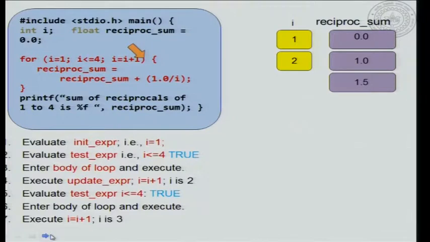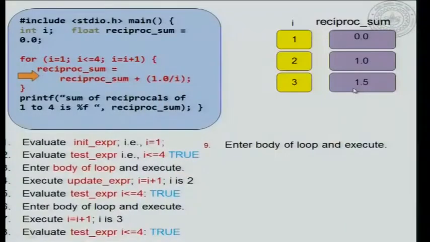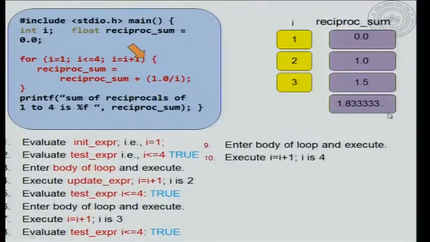I becomes 3 now. And test whether 3 is less than or equal to 4. It is. So enter the loop. Okay. So you add 1.5 plus 1 over 3. 1.833 and so on. Update again.